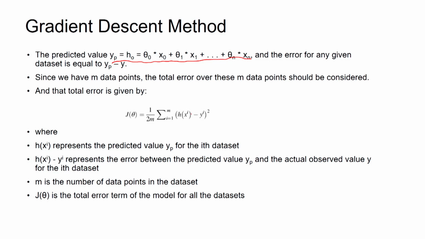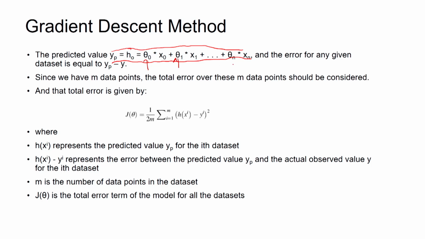So, first independent variable is x naught, then second independent variable is x1, and basically n plus 1th independent variable is xn, and dependent variable is yp or h naught. So, we are representing our model using this equation, and now what is the objective here? Our objective is to learn values of these parameters.